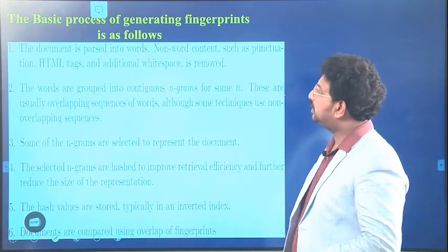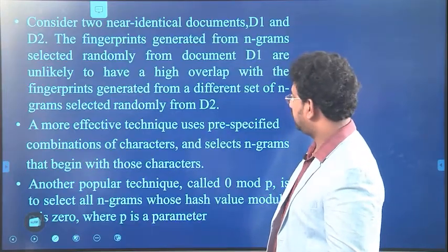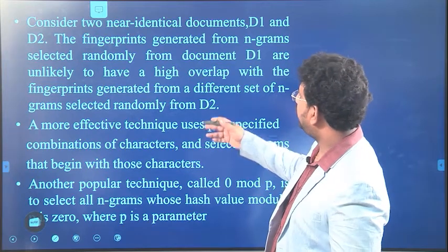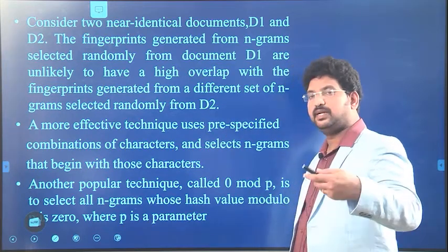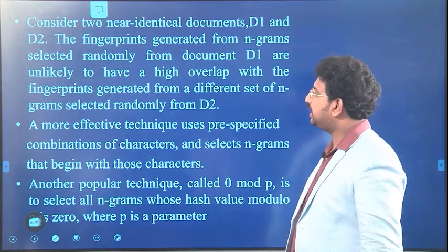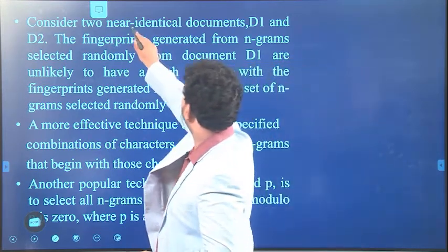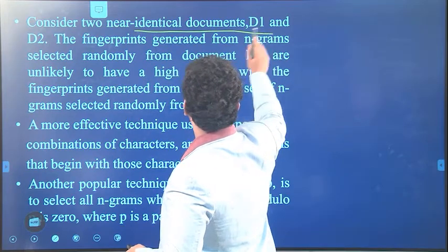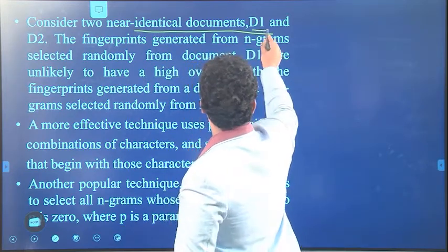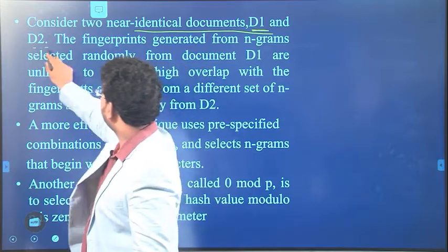Let's see this with a more detailed example, to understand it as part of near duplicate detection. Consider two near identical documents D1 and D2.